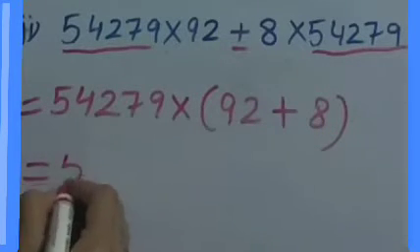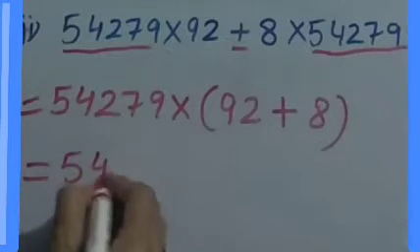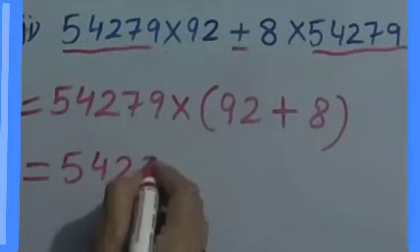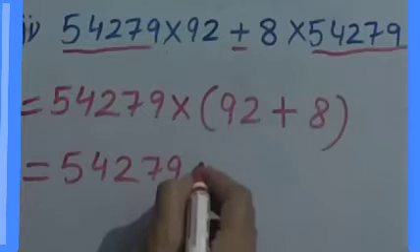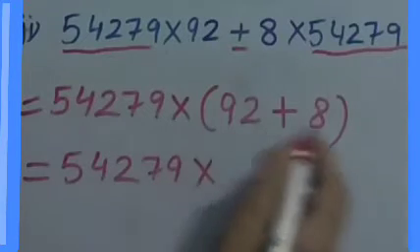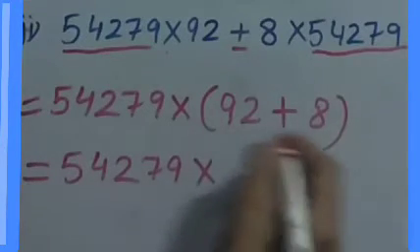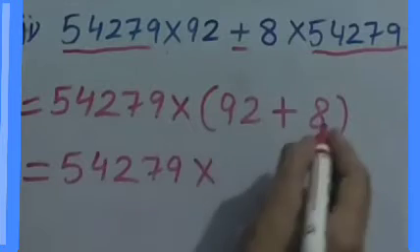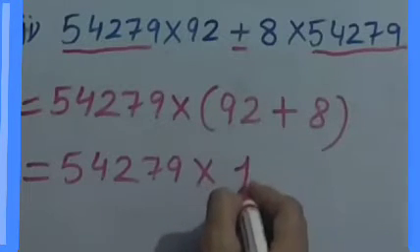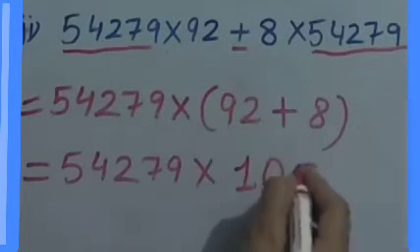Then on solving, first I'll write 54,279 multiplied by, as I open the bracket, first I'll add. So on adding 92 plus 8, I get 100.